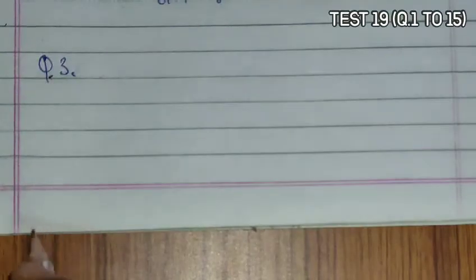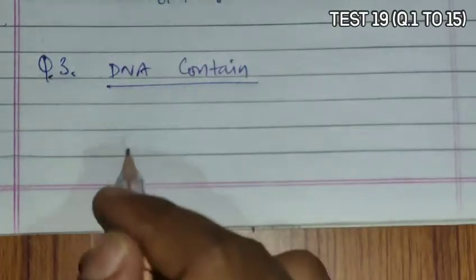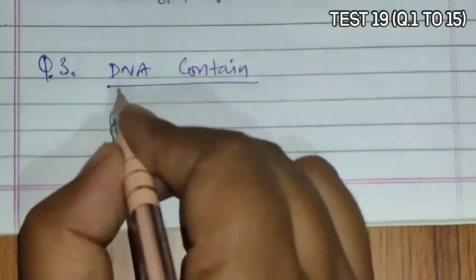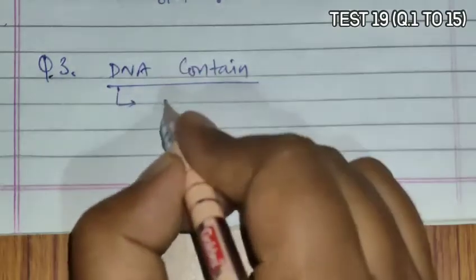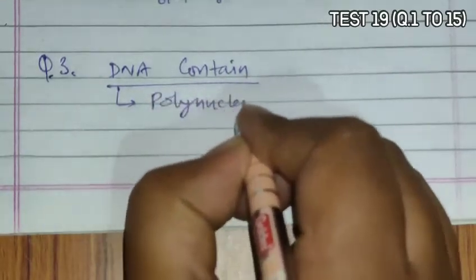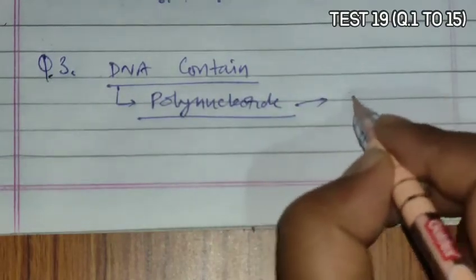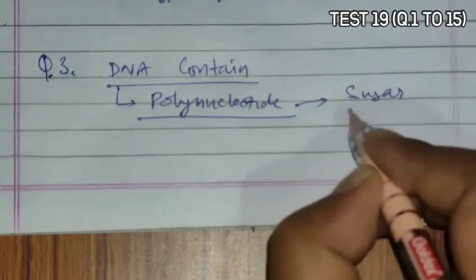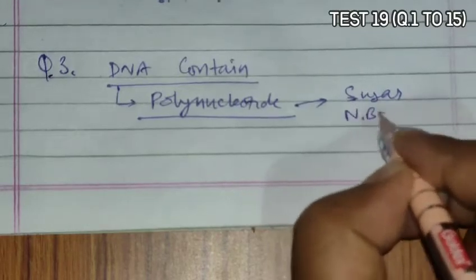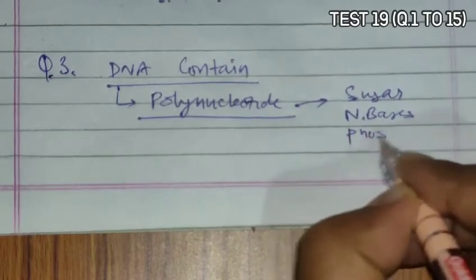Question 3 asks that DNA contains. Now deoxy is the deoxyribonucleotide chain. So it is a polynucleotide chain, and nucleotide consists of sugar, then nitrogenous bases and phosphoric acid.